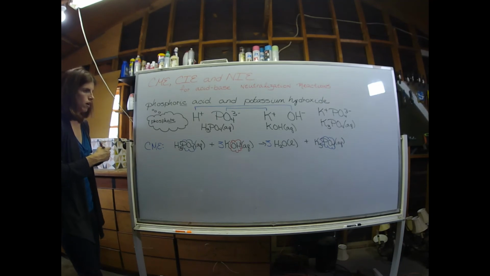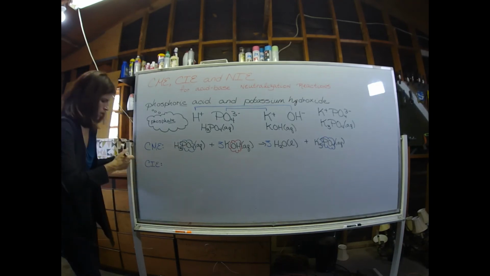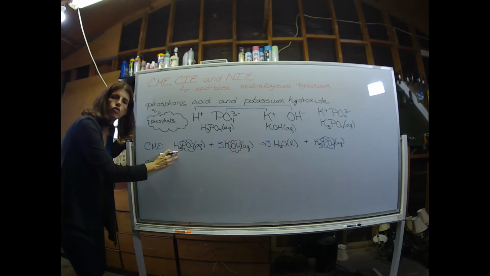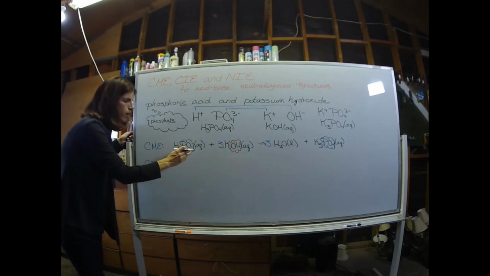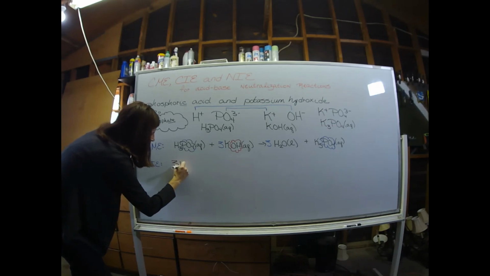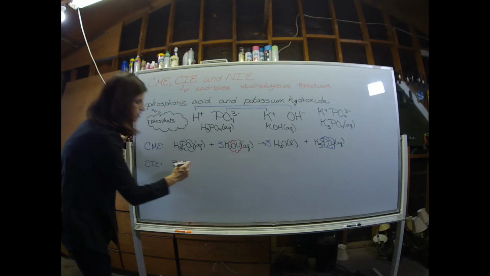Let's write our complete ionic equation then. This 3 means that there's 3 protons, 3 hydrogens per every 1 phosphate. This is a triprotic acid. But that 3 needs to come out front. It doesn't stay as a subscript.